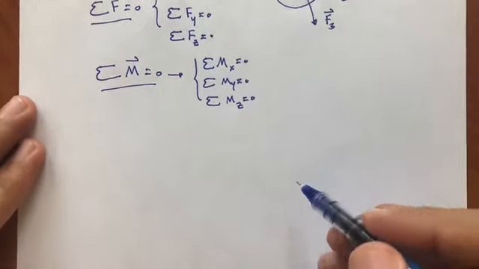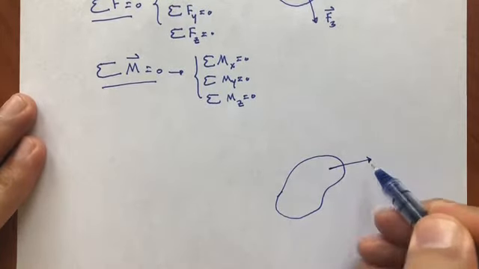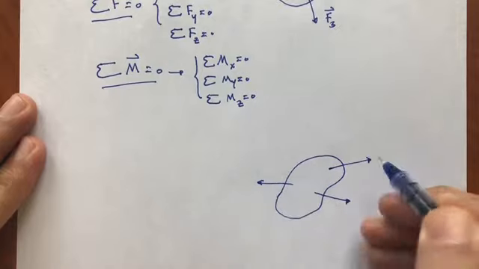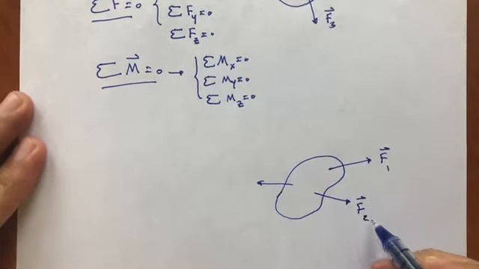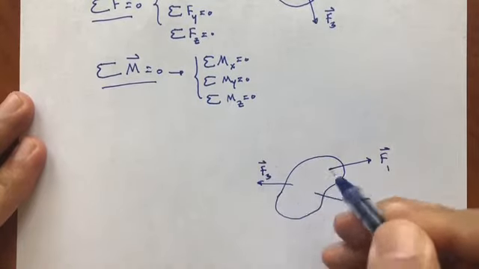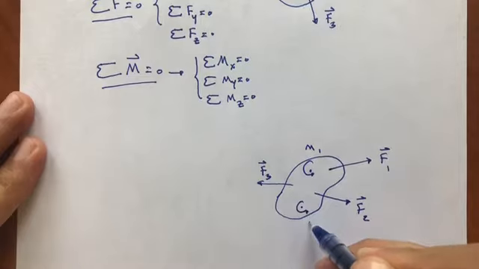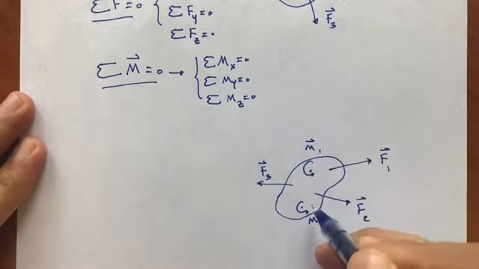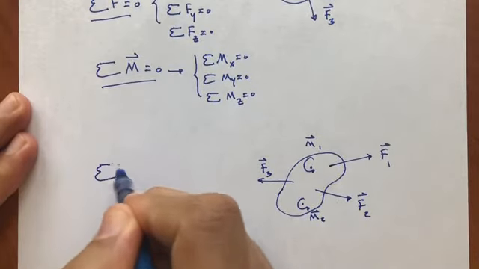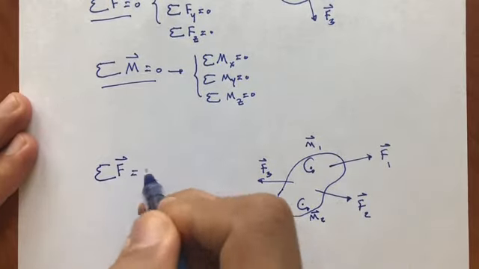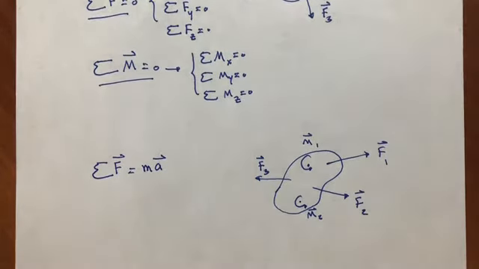In dynamics, during the whole of this semester, we are going to learn if you have a mass or maybe a system of mass with a bunch of forces and moments on it, then sum of the forces is going to be equal to mass times acceleration of the centroid.